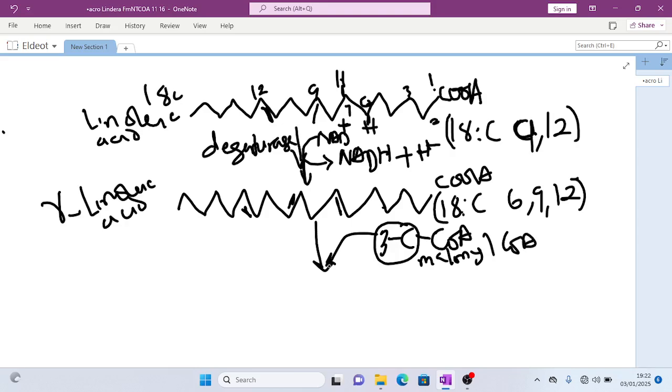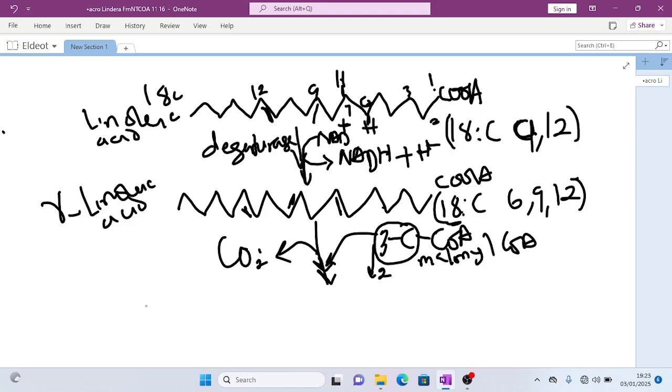We donate 2 carbons from this 3 carbon. 2 carbons will be donated by malonyl-CoA and 1 carbon will be lost in the form of carbon dioxide. You should check out the structure of malonyl-CoA for better clarity. So now that we've got 2 carbons donated here, these 2 carbons are attached to our 18 carbon gamma linoleic acid, to give a 20 carbon organic compound which is called dihomogamma linoleic acid.